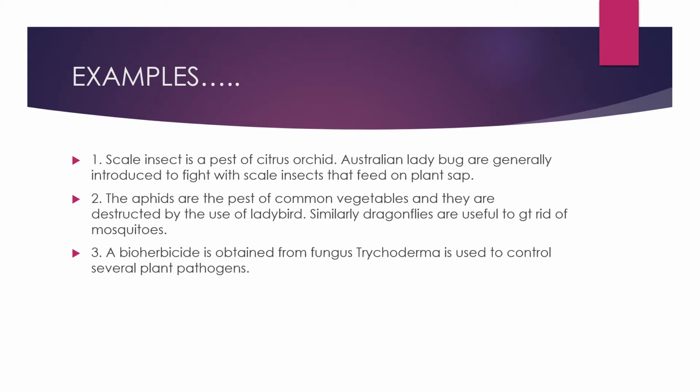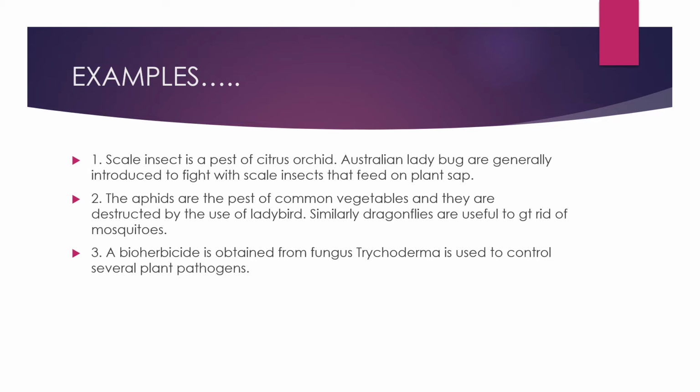So Australian ladybugs are generally introduced to lure away the scale insects which feed on the plant sap. We use Australian ladybugs to drive them away and kill them. This is one example.